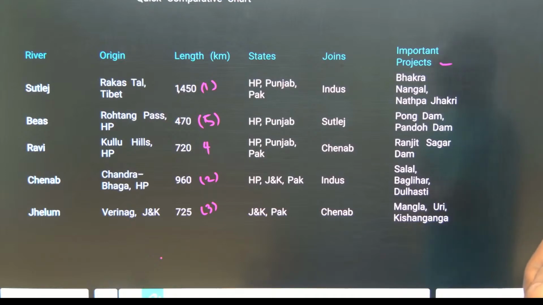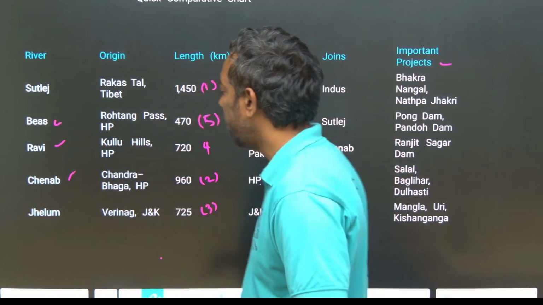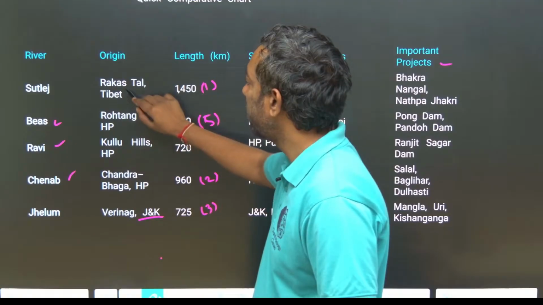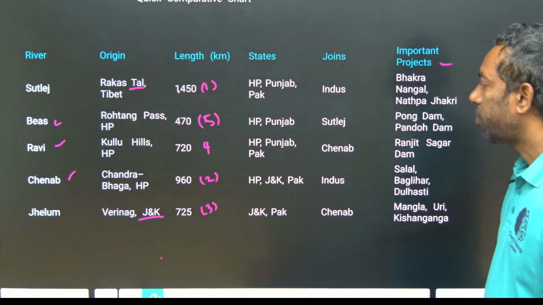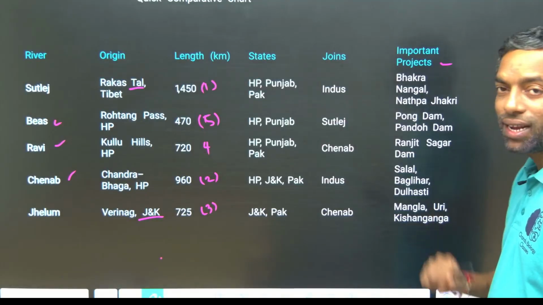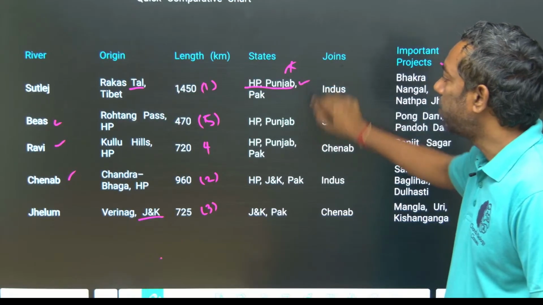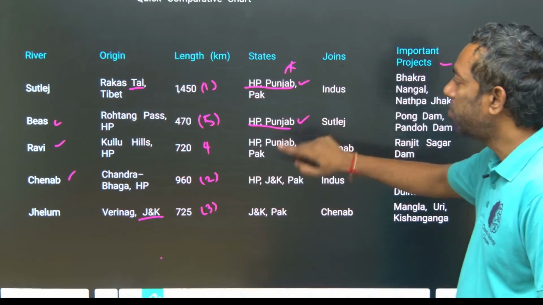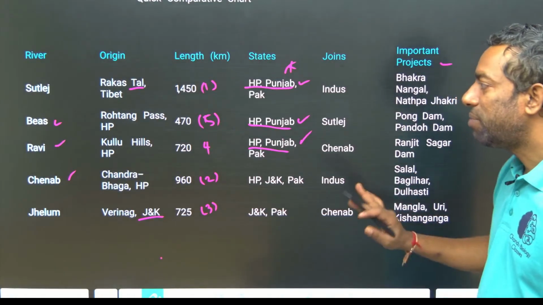Beas is 470 kilometers, origin Rohtang Pass, Himachal Pradesh. Three rivers are in Himachal Pradesh. State coverage is important. Ravi and Beas: Himachal Pradesh, Punjab.